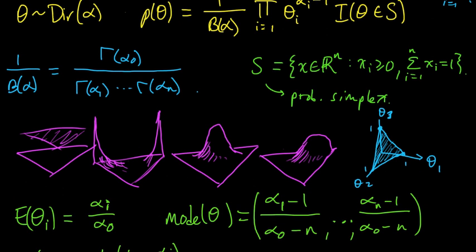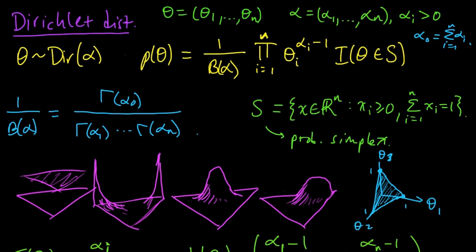Let me make a little remark to get some intuition for what these alphas are doing. First, let's think about if all the alphas were equal to 1.